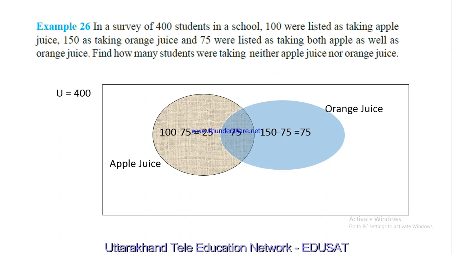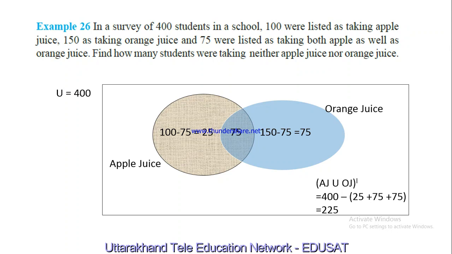Remember that there were 400 students in the school, and as of now we only have information about 25 plus 75 plus 75 students, that is 175 students, which means the remaining area which lies outside the two circles but inside the box will be equal to, since the total value of the box is equal to 400 and the area covered by the two overlapping circles is equal to 175, the remaining space outside the circles but inside the box will be equal to 400 minus (25 plus 75 plus 75), which is the area covered by the two circles, and that is why the value would come out to be 225.